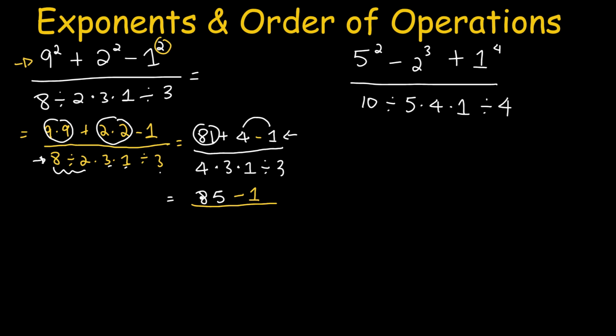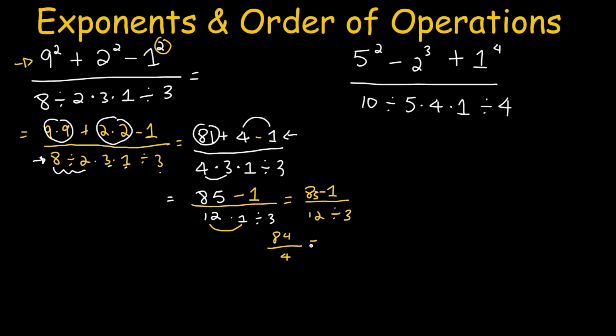Anyways, let's continue. 4 times 3 will be 12. And let's rewrite 1 divided by 3. All right, now 12 times 1 will simply be 12 divided by 3, and 85 minus 1. So 85 minus 1 will be 84, and 12 divided by 3, that will be 4.